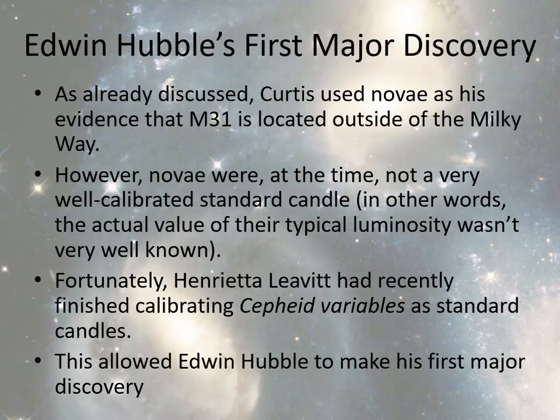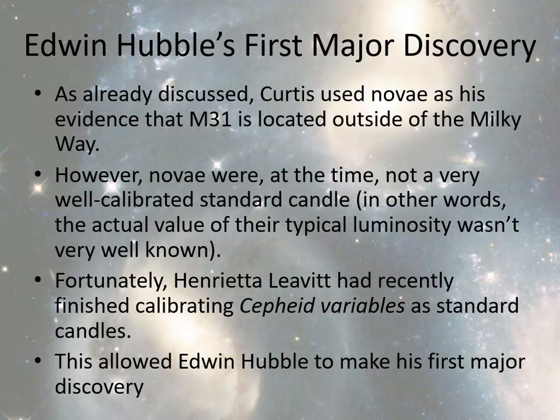Based on the known brightnesses of these novae, which we mentioned in a previous discussion, are situations where white dwarfs accumulate some matter onto their surfaces, and that matter eventually undergoes nuclear fusion until all that matter is fused, and then it goes back to being a normal white dwarf again. Those things have a relatively well-known brightness, and Heber Curtis noticed some novae in the Andromeda galaxy and realized that, hey, this is outside of the Milky Way.